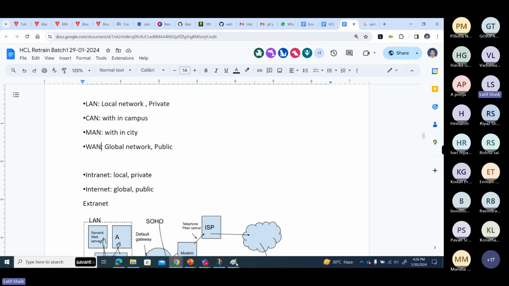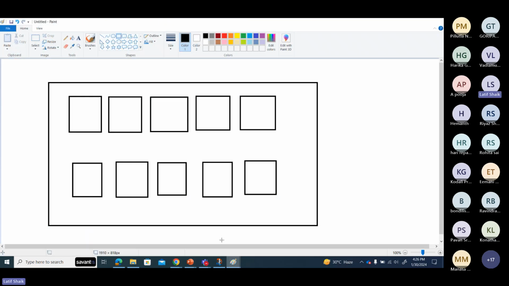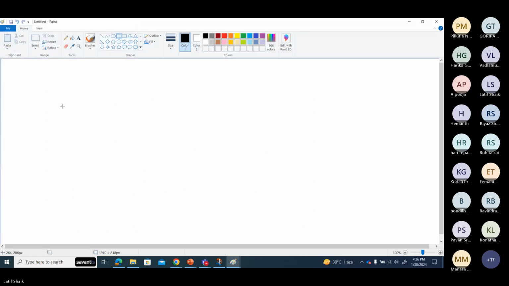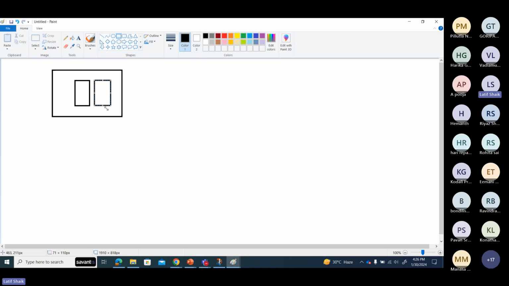WAN connectivity, wide area network. For example, in Los Angeles, I have my head office. I have my servers, web servers, or maybe SAP-related servers, SAP databases, SAP application running servers in Los Angeles, for example.